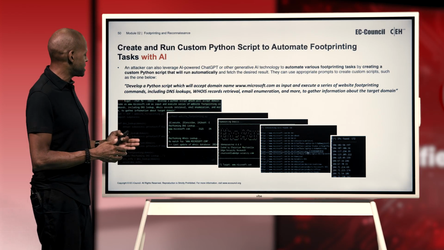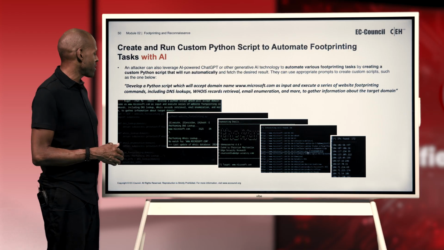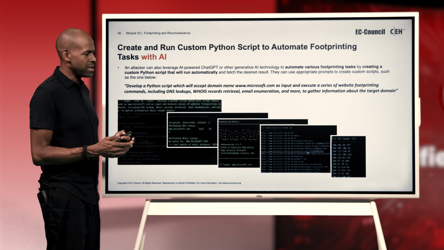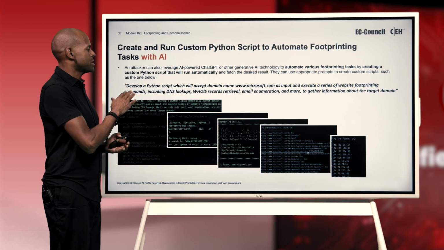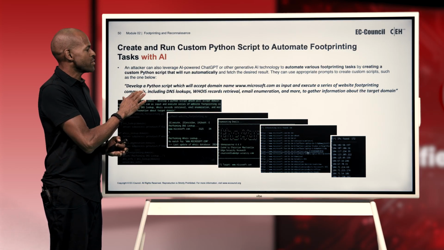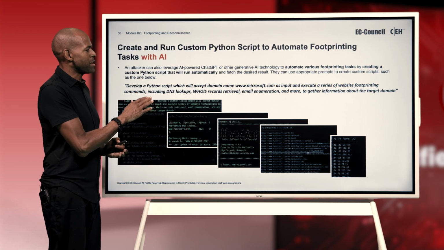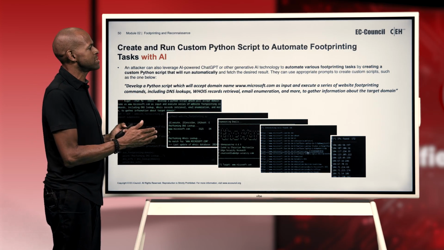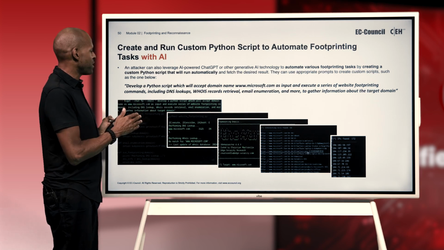But in this case, we're just using the shell parameter, double dash shell, with FP. And what we're doing here is saying to develop a Python script which will accept a domain name, www.microsoft.com, as input and execute a series of website footprinting commands.